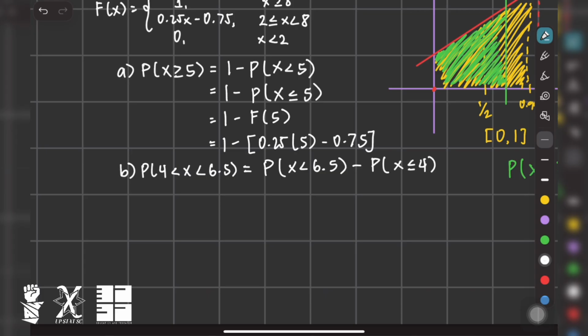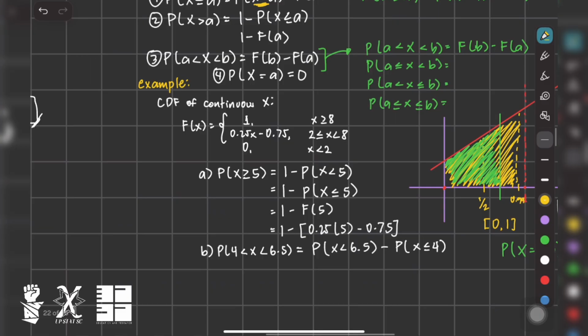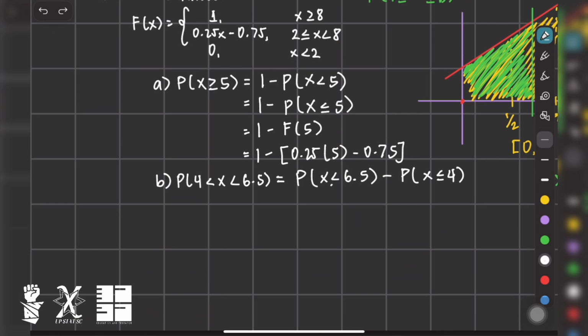But to be honest, it wouldn't matter what we put here, as long as it's less than, because again, we have noted that through the cumulative distribution function, when your continuous random variable is less than or equal to a, it's also equal to less than a. The same applies when we're at greater than. So either way, even if you mistakenly put this or you remove this one, it wouldn't really matter because you're using a continuous random variable.